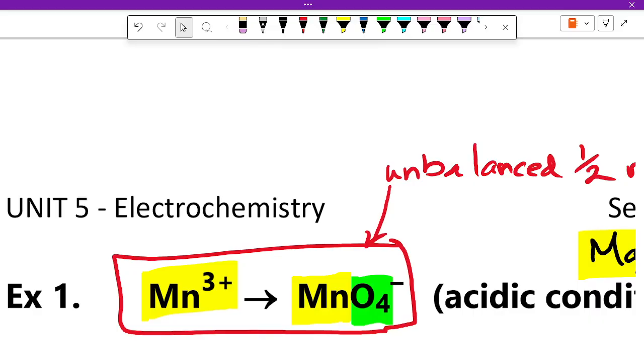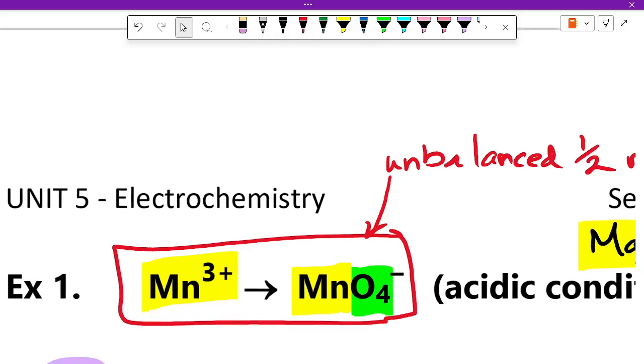We put oxygens on there without finding an oxidation number, without balancing anything. I know that's oxidation, okay? The reason is that the oxygens have -2 charges, and so the manganese is going to become more positively charged to balance out those negative charges.